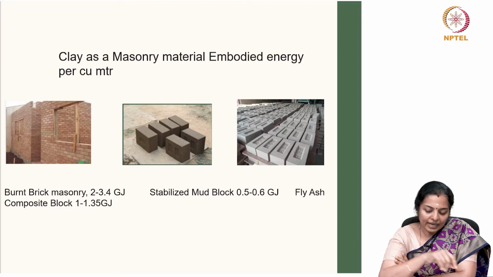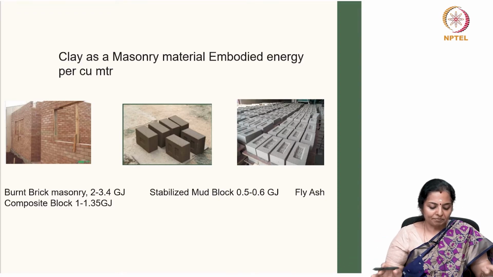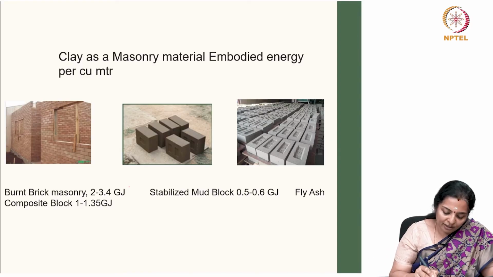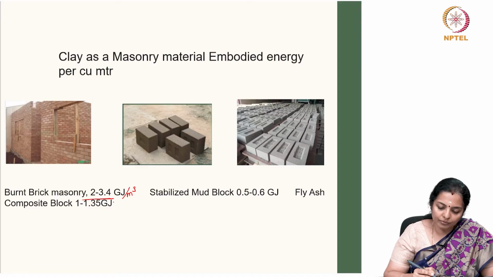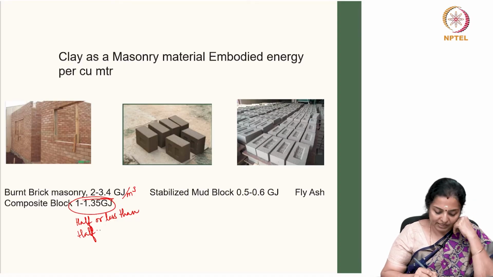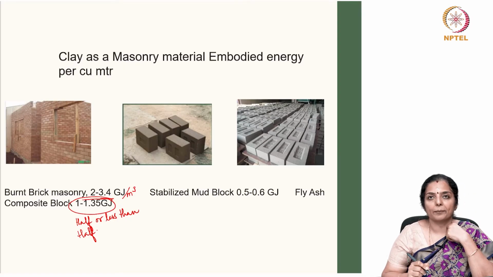Burnt brick masonry, per meter cube, has 2 to 3.4 gigajoules of embodied energy. Whereas composite blocks have half or less than half of the embodied energy which a burnt brick masonry possesses, because it has 1 to 1.35.